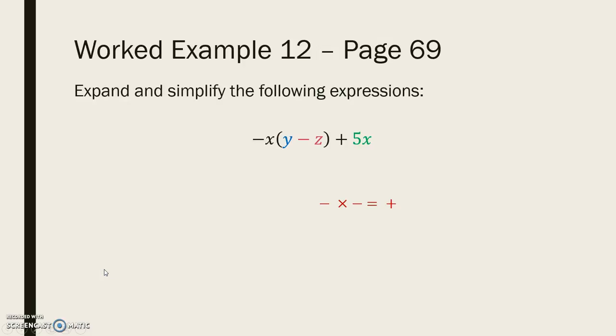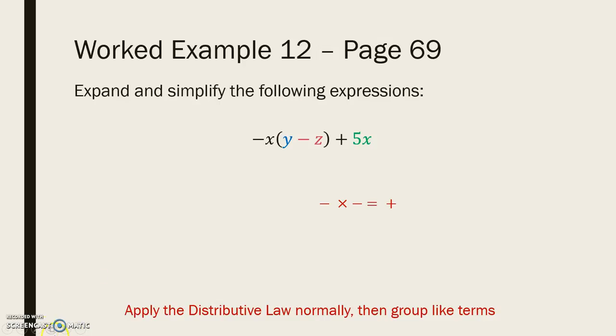So let's look at the next one. Now we've got negatives in a few different places. Negative x times y and negative x times negative z. So negative x times y, there it's there, plus negative x times negative z. I put them in brackets. And a little note here, negative multiplied by negative is positive.